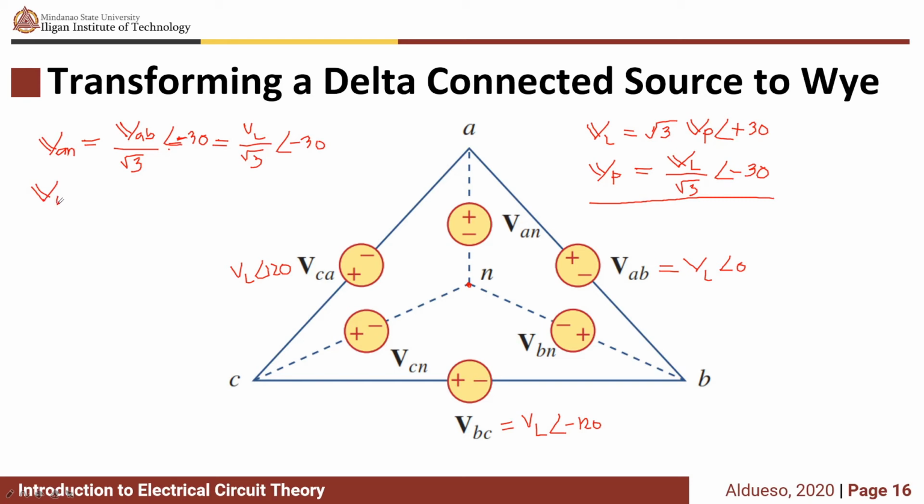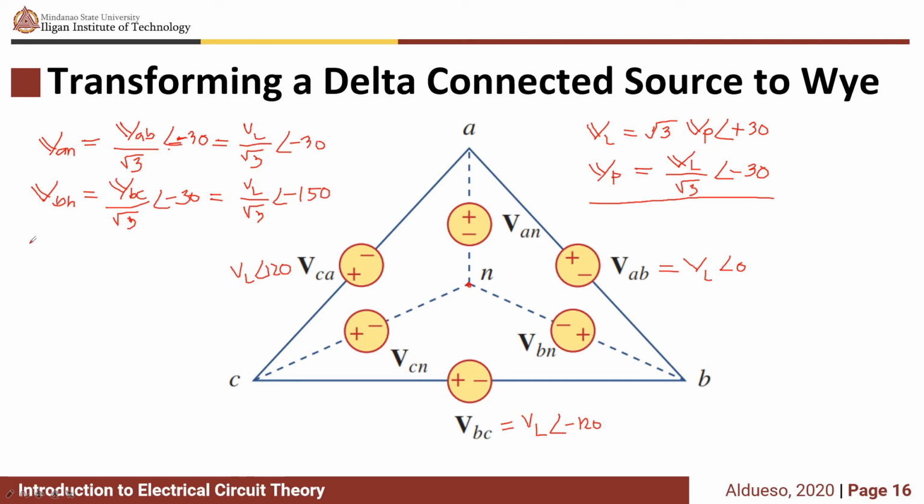And this VBN is equivalent to VBC over square root of 3, subtract the angle by 30. We have VL over square root of 3 angle of negative 150.